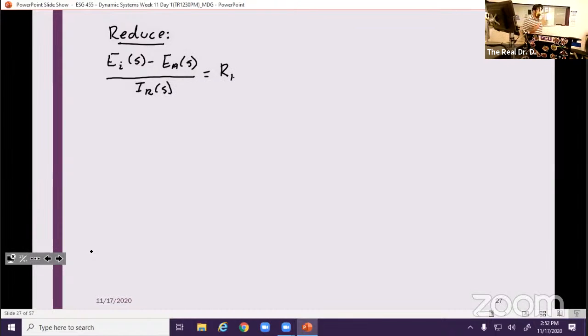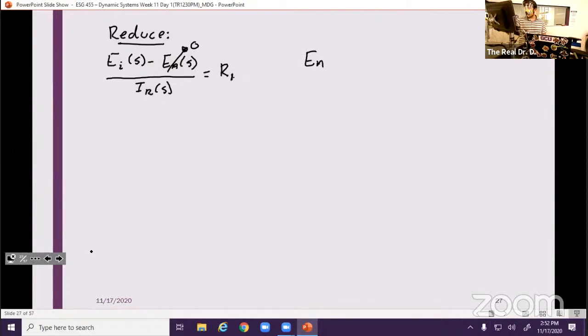Right, we know that already, right? The voltage drop divided by the current is equal to the resistance. But we know that that's 0.